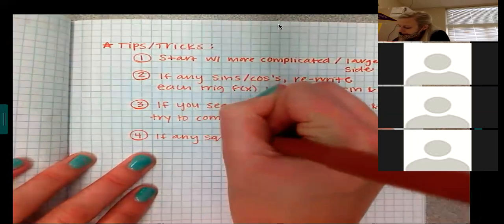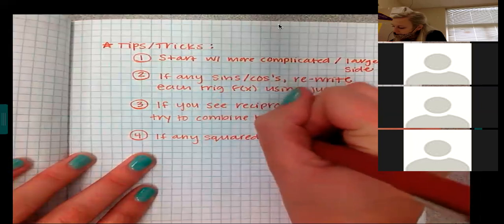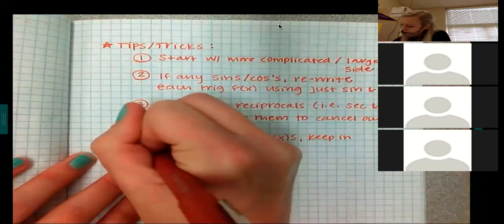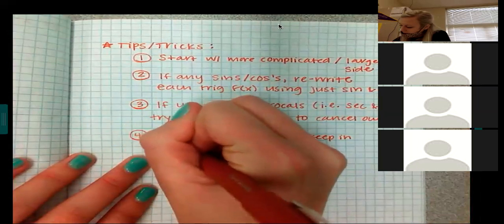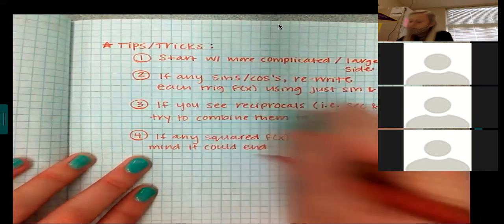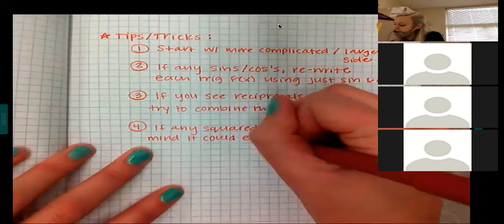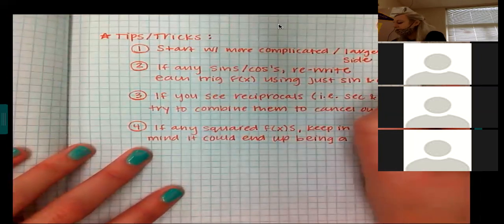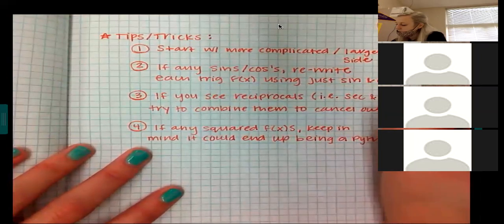If you have any squared functions, you need to keep in mind that it could end up being an identity, let's say a Pythagorean identity, to be more specific.